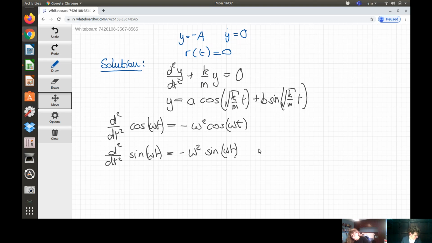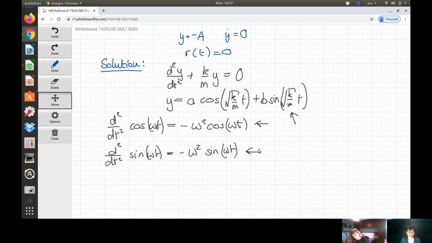Because I think, what function will I differentiate twice and add to the original function multiplied by k over m to give me 0? And then I look at these two. That's going to happen when omega squared is k over m, or omega is root k over m.